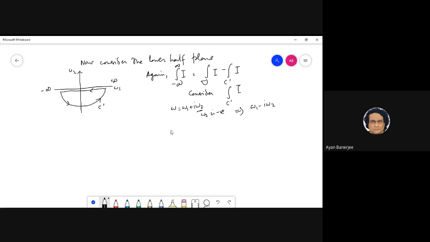So that basically means that you have the integral over C dash of A of omega, e to the i omega 1 (x minus ct), and e to the omega 2 positive now, right? Because this was i and now this is negative, because omega 2 is negative here, right? So then this is (x minus ct) d omega.